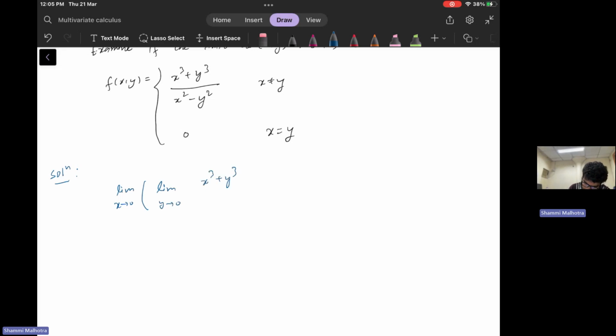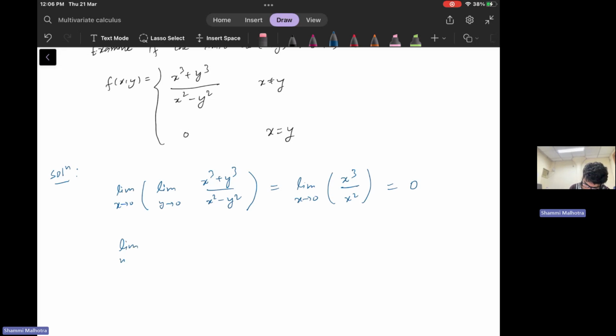x cube plus y cube whole divided by x square minus y square. So this will be the limit as x tending towards 0. This is x cube by x square only. This is 0.